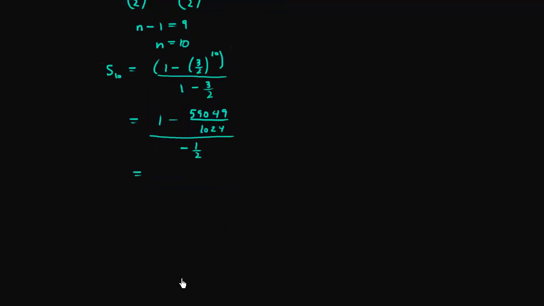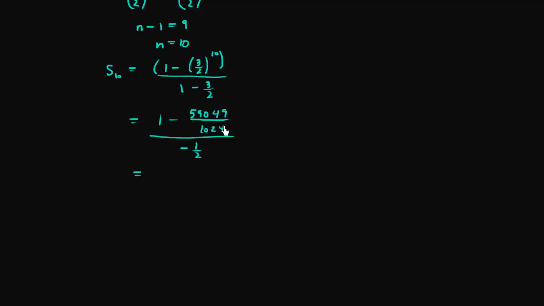And if I keep going on this, I get that, let's see, 1 minus 59,049 over 1,024. Well, I would just find a common denominator here. So I'm going to have 1,024 over 1,024 minus 59,049 over 1,024.